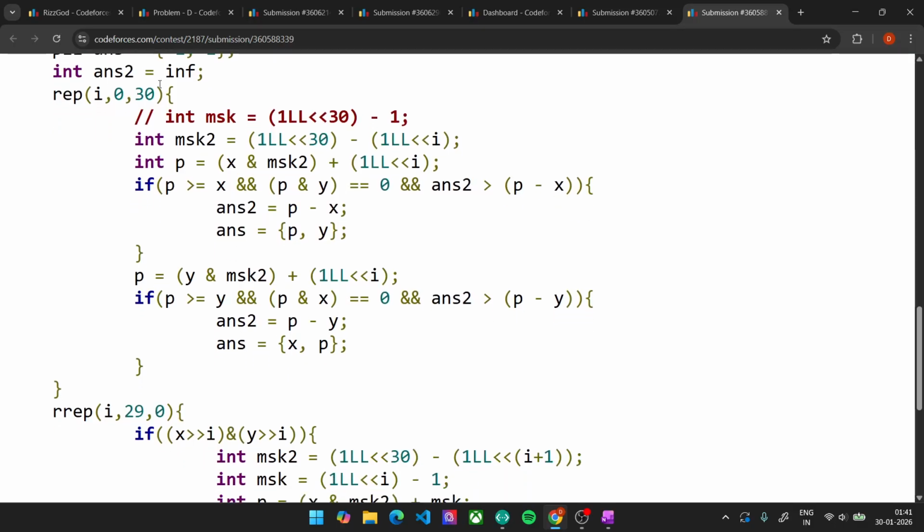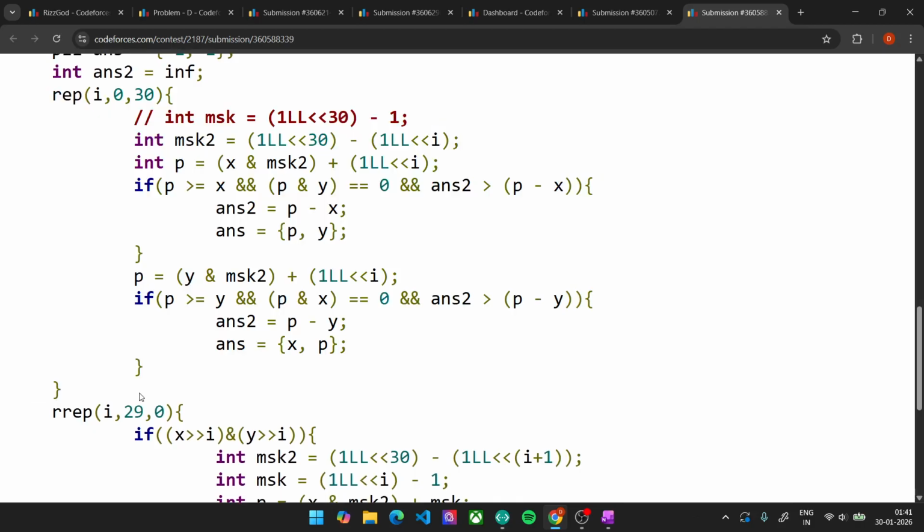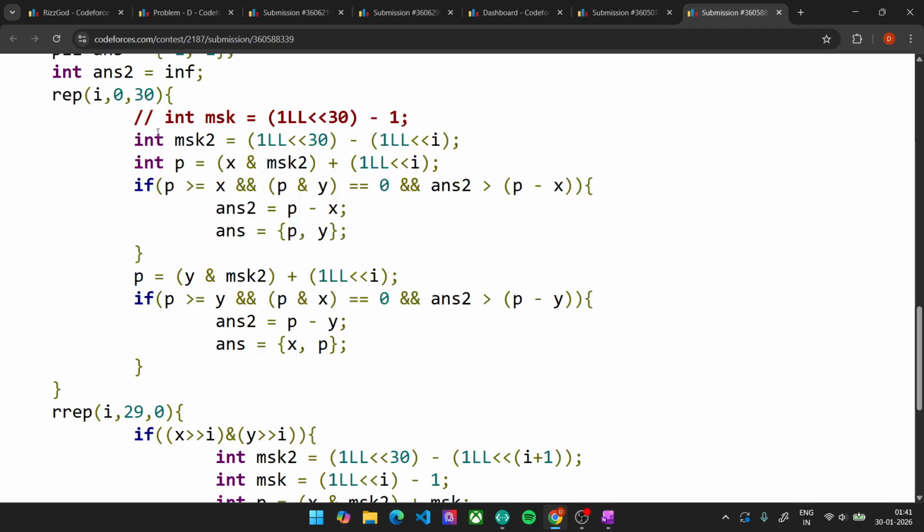As I said, we have concluded that whenever I am doing an adding operation, it always makes sense to add to just one bit. So for every bit I am adding something. What is that something? I am adding 2^i, and then I am making all the bits after that equal to 0.